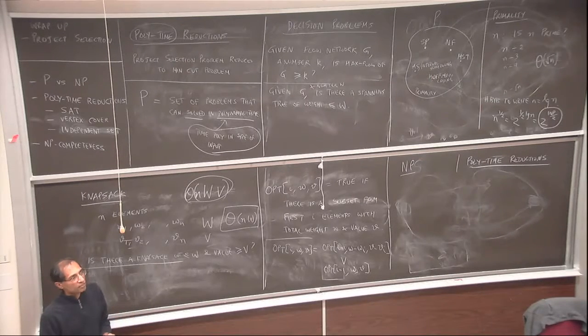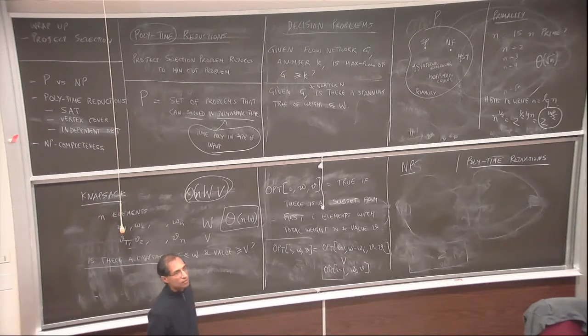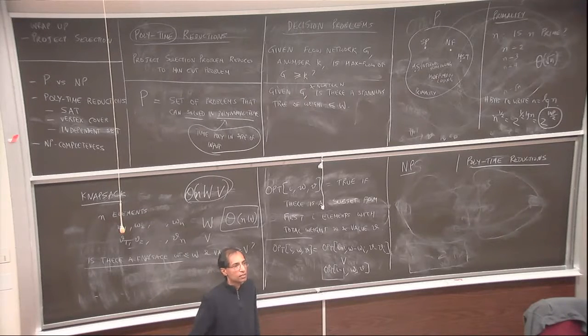But maybe there are ways to do it without going through every single one. What if we switch the problem to the sum of every number from 1 to n? You just have to add all the numbers from 1 through n. That's solvable in polynomial time, because you know that 1 plus 2 plus 3 all the way till n has a closed form, and it's still in the same number of bits. Exactly. It's not that big.